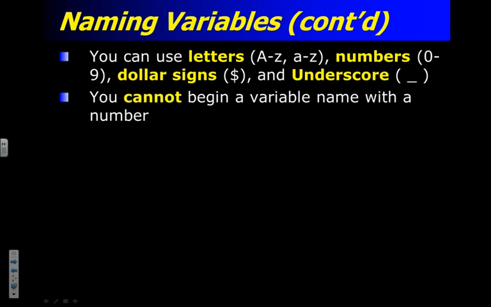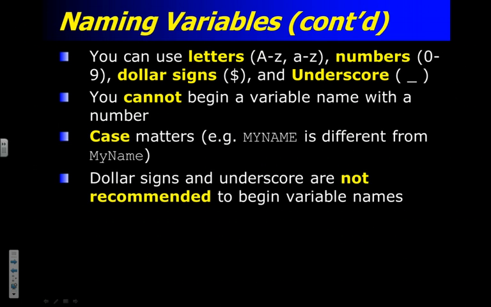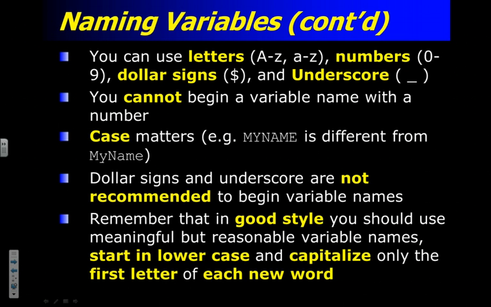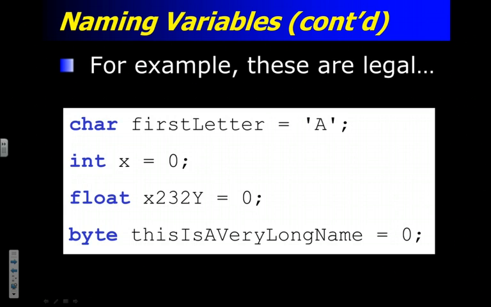You cannot, however, begin the name of a variable with a number. Although you can allow numbers in the name, you can't use them at the start. Case matters, upper and lowercase matters. I just went over that. Again, I don't recommend $ and underscores. The style that I would recommend is to use that camel casing style again, where you uppercase new words.